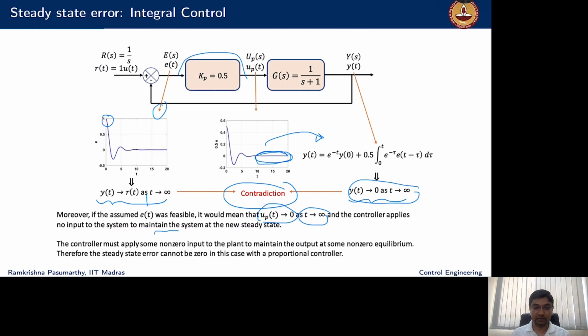We'll keep this sentence in mind. Therefore, the controller must supply some non-zero input to the plant to maintain the output at some non-zero equilibrium. If this is 0, this will also be 0, and therefore y will also be 0, largely because of linearity. And therefore, the steady state error cannot be 0 with a proportional controller.